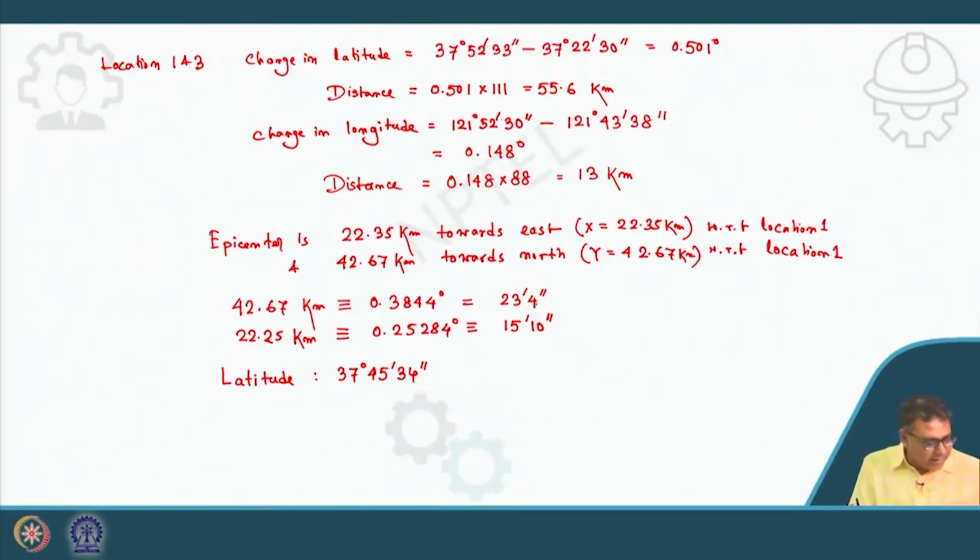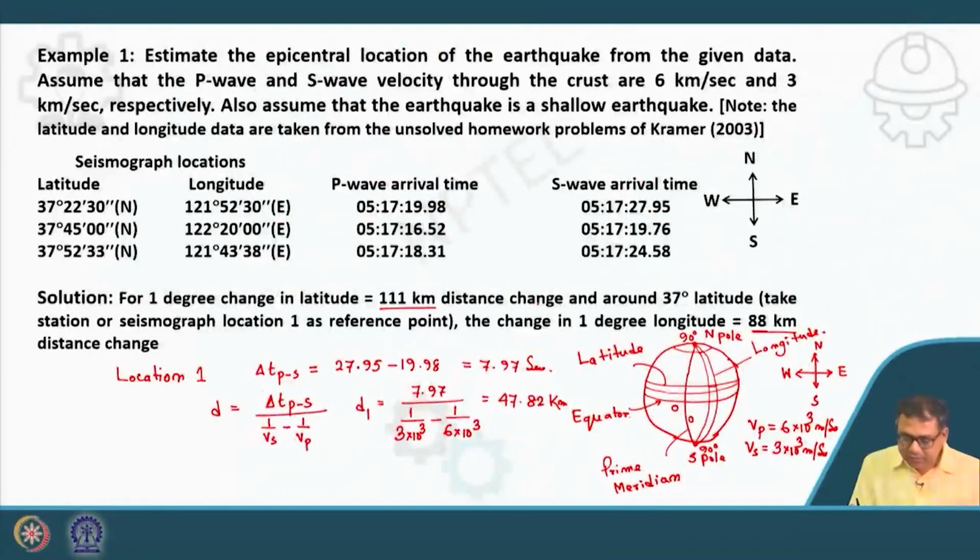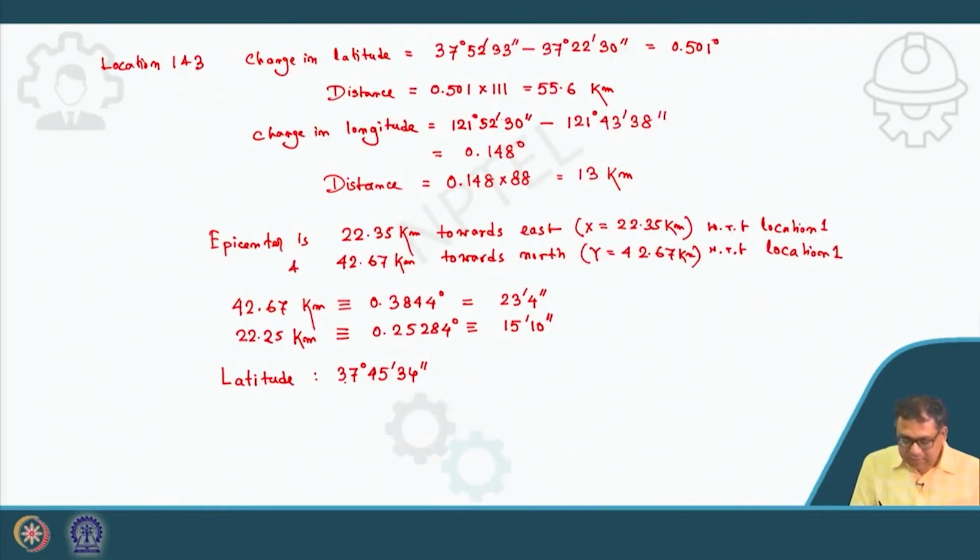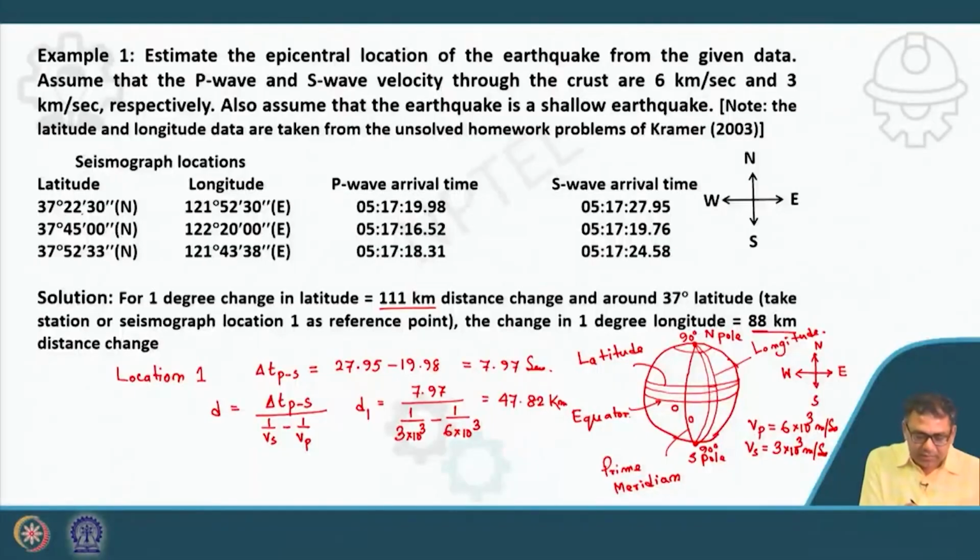If you add, the seconds will be 34, and 22 plus 23 is 45, so this will be 37 degree 45 minute 34 second. I am adding this because it is towards the north. If it is towards the south, then I have to subtract this value.